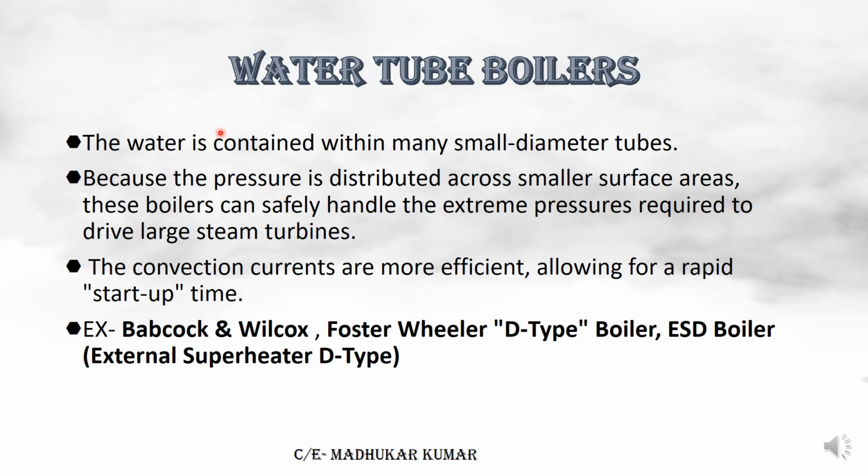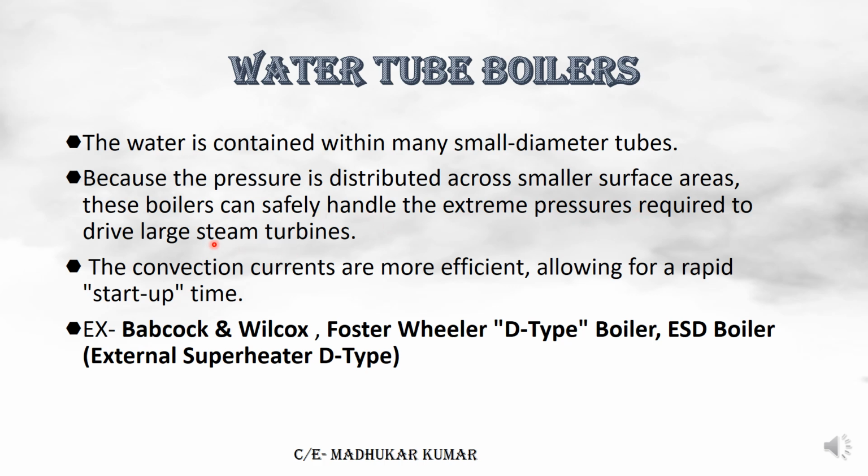Here in the water tube boiler, water is inside the tube. Many small diameter tubes are fitted, as I have shown you in the previous figure, and pressure is distributed across a smaller surface area. So the pressure is inside the tubes only, but it gives large steam generation, and it can safely handle extreme pressure requirements and extreme load demands also.